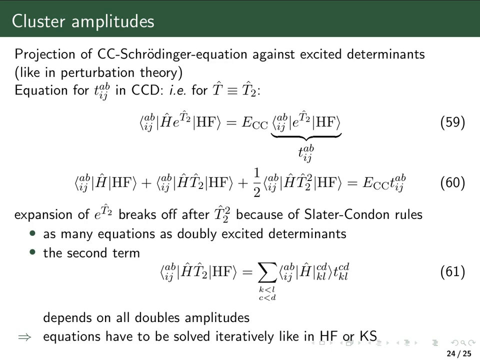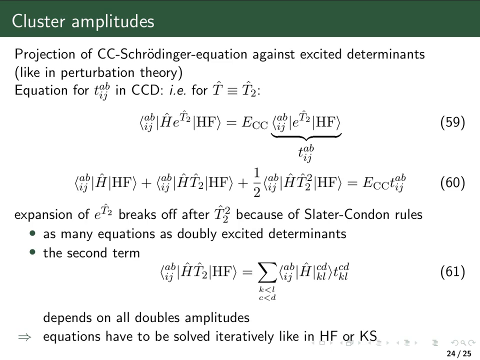Which means here on the left-hand side, I actually have a summation over terms which include the doubles amplitudes, in the equation which is supposed to be the equation for one double amplitude.